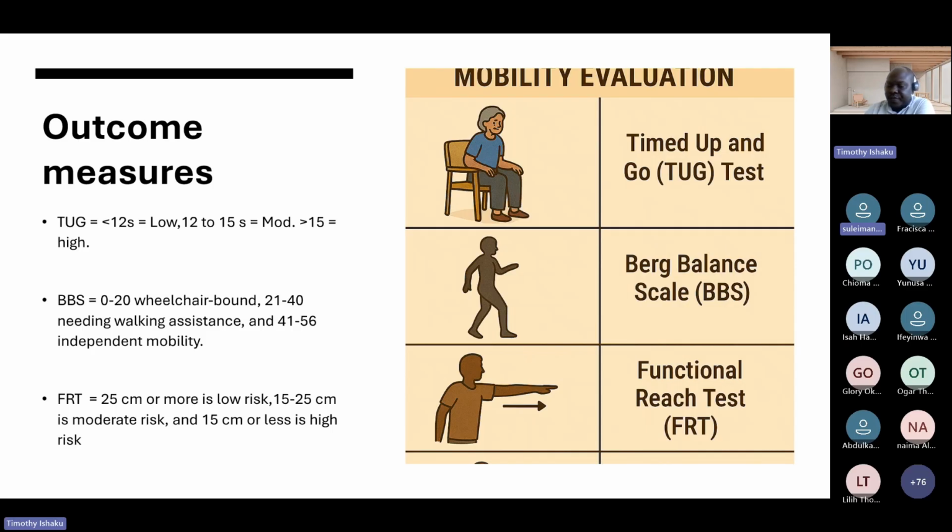Yes, carry on. The Berg Balance Scale, as the name implies, is used in assessment of balance and also for fall risk among individuals that have either neurological or musculoskeletal conditions. It consists of 14 items, which evaluate various aspects such as sitting and standing, transfers, reaching and leaning, turning, and then standing on one leg.